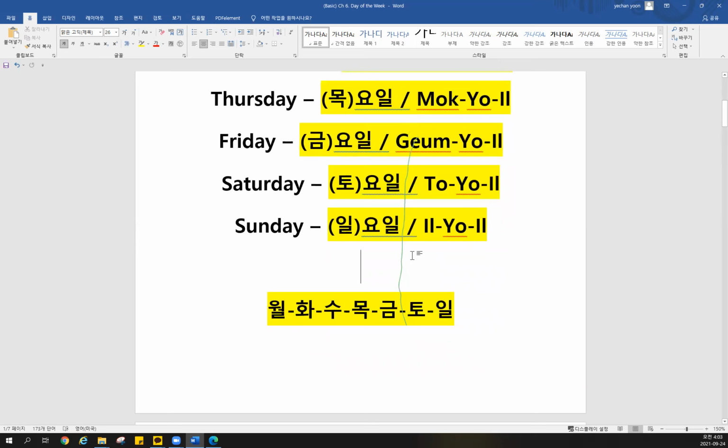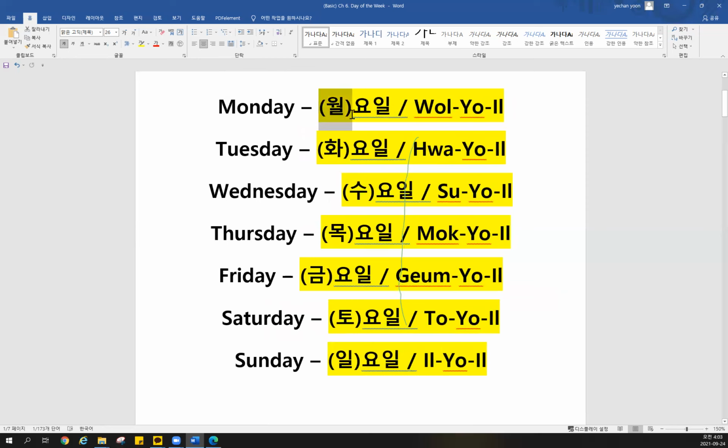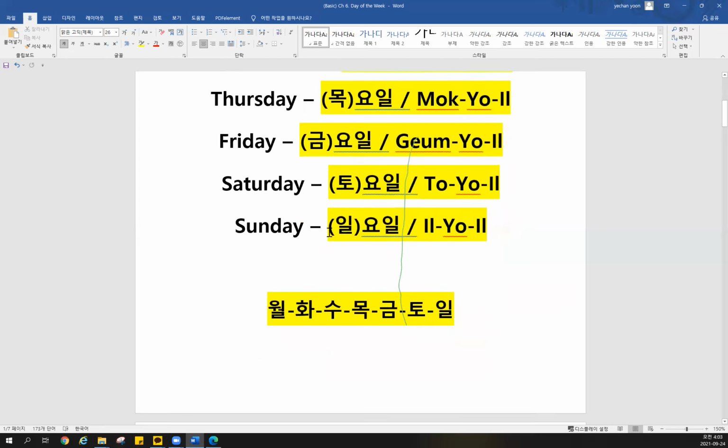You can also just use the first letter of the word, like this. You can see the letters inside the brackets, right? This is the format we can use when writing down the day of the week.